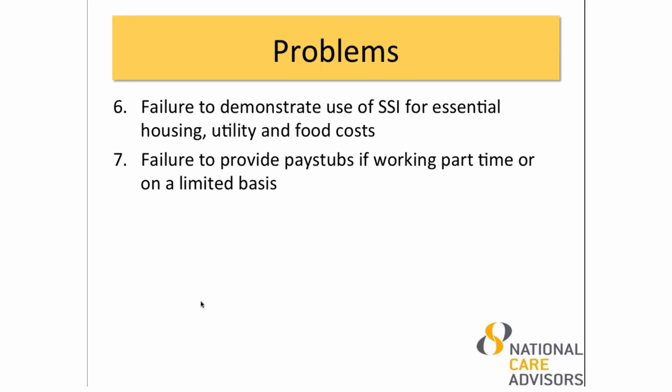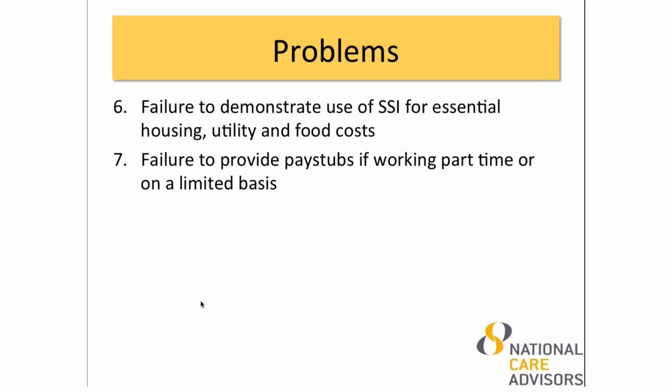Again, we have the problem with supplemental security income. If you don't demonstrate that it's used for essential housing, utilities, and food costs, they will indeed take 1/3 away. And failure to provide pay stubs if the individual is working part-time or on a limited basis. We frequently do have individuals who have developmental disability or other types of disability.